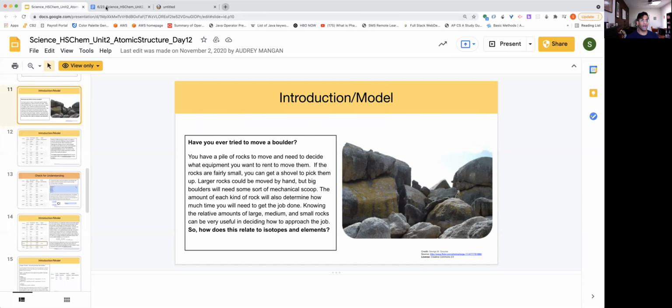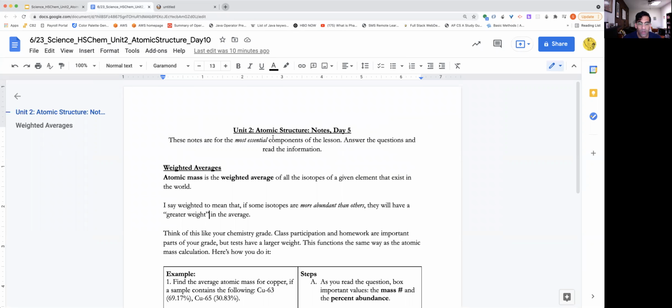In order to do that, I've made a handy guiding document. If we look at this, we need to talk about weighted averages. When I say atomic mass, I'm not talking about mass number. In previous lessons, you've learned to calculate the mass number based on having an element, then a dash, and then a number. So if I had carbon-12, just grab my stylus here, I know that there are 6 protons in carbon, and 6 neutrons.